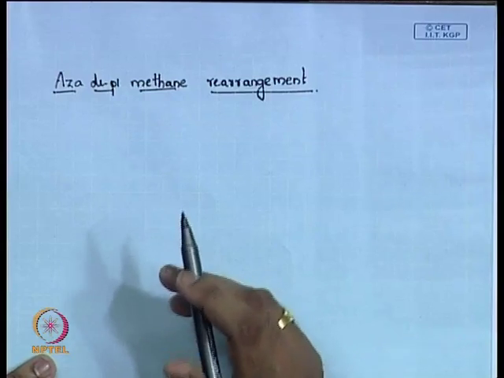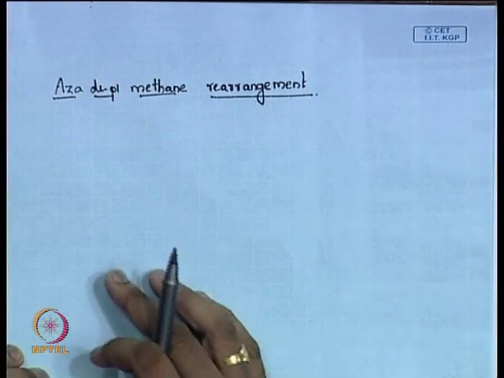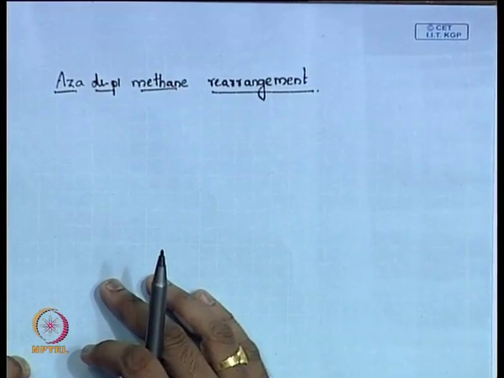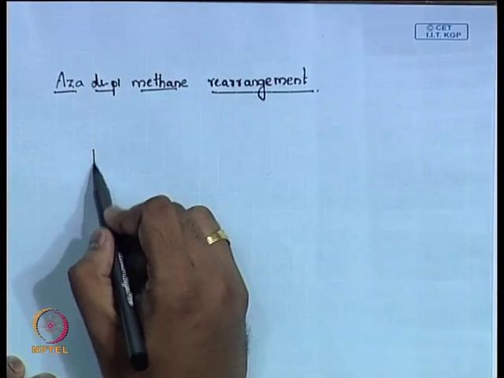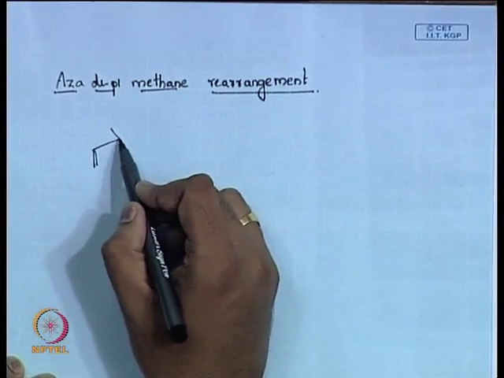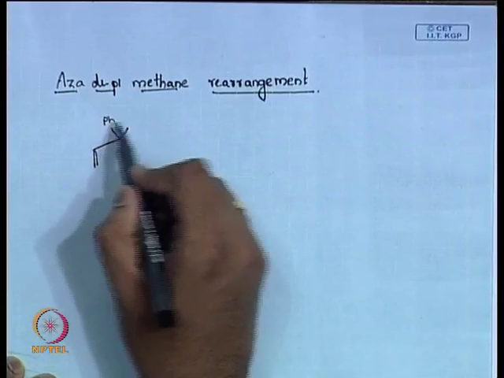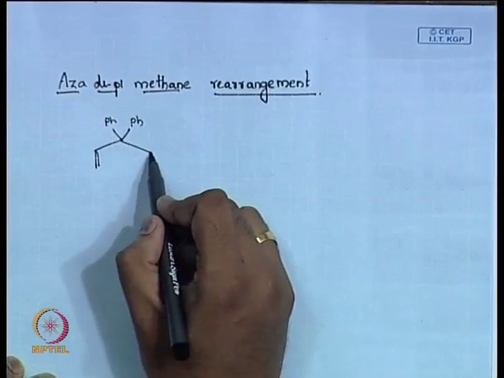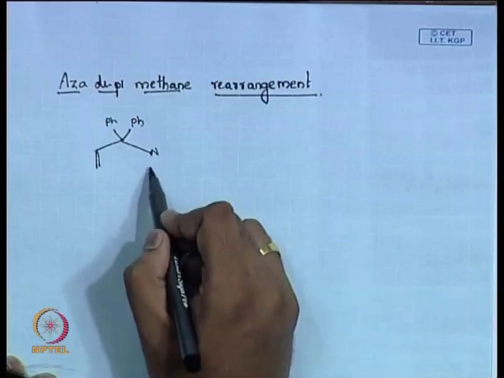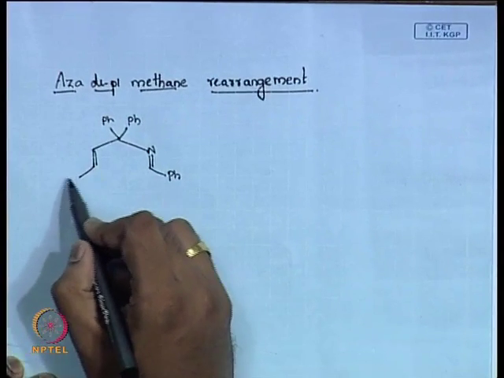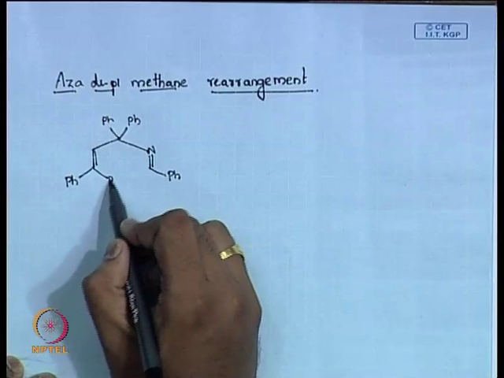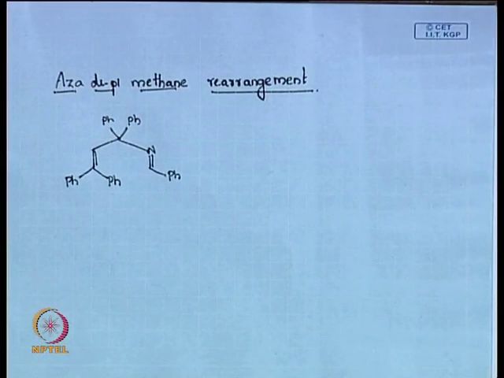Once nitrogen comes into the picture, you never think about di-pi-methane rearrangement. So it's better you know that this chemistry happens even from the nitrogen here.